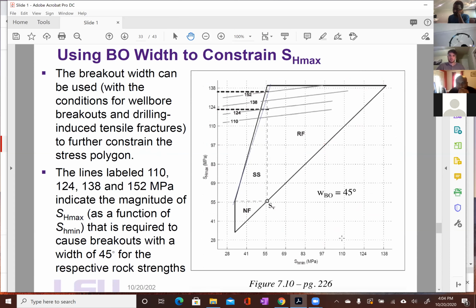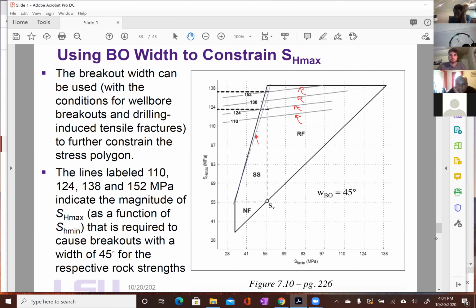But now, what lines are these? Drilling induced tensile fractures or wellbore breakouts. Yes, because remember, the equation for drilling induced tensile fractures is very similar to the equations for strike slip faulting, and they tend to be parallel to that.